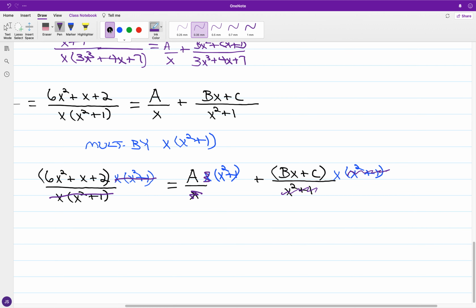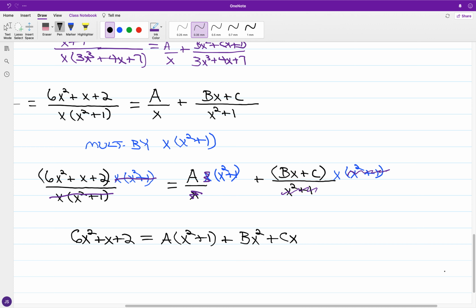So in resetting, I have 6x squared plus x plus 2 equal to a times the quantity of x squared plus 1. And multiplying bx plus c by x, we have bx times x, so this will be bx squared, then plus cx.